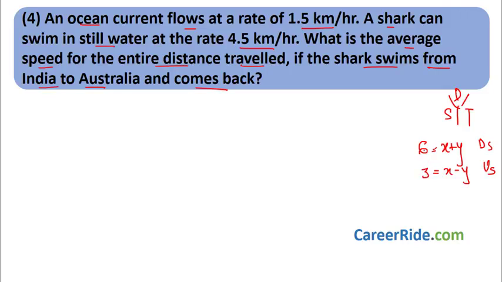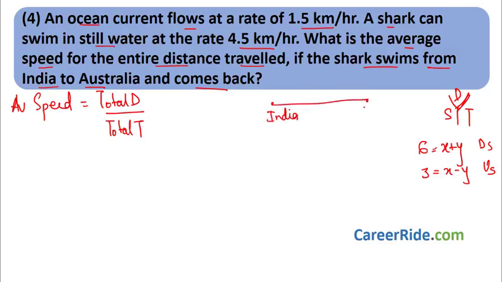Now here we have to find average speed. What is average speed? Speed is nothing but distance upon time. So average speed is nothing but total distance upon total time. Let us find out total distance and total time. The shark starts from India, goes to Australia, and comes back.